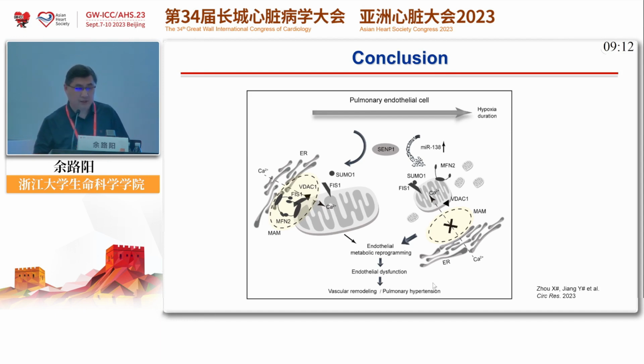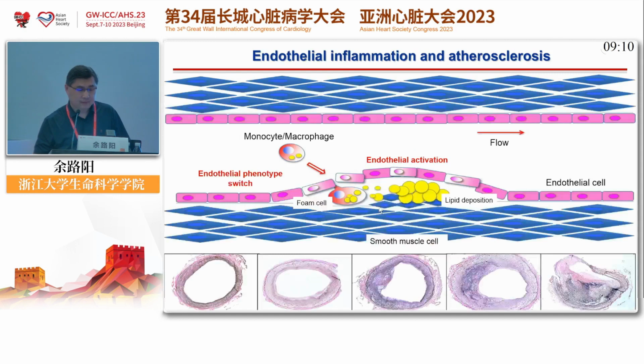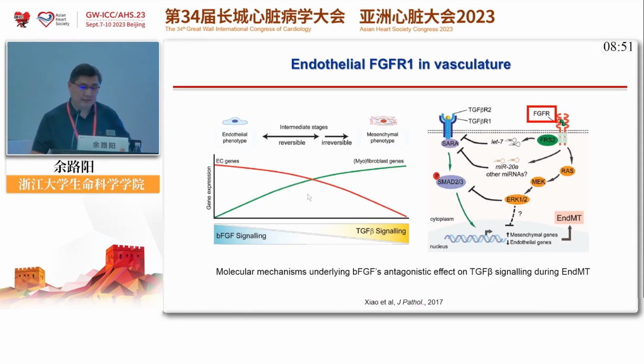and the PH progression. And recently we also focused on SUMOylation in atherosclerosis. By cooperating with Dr. Michael Simon at Yale, we mainly focus on the endothelium phenotype switch at the early stage. We call this EndoMT.